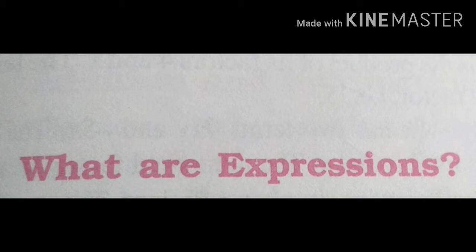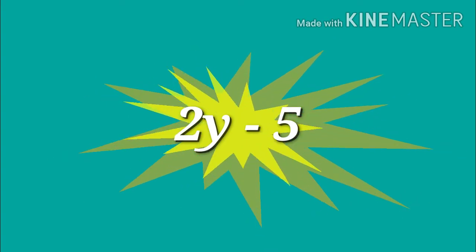जुन चाहिँ variable र constant ले form गरेको हुन्छ, that is called the algebraic expressions. Now for example, just look at here, 2y minus 5. Here the 2y minus 5 is an expression. It's an algebraic expression.